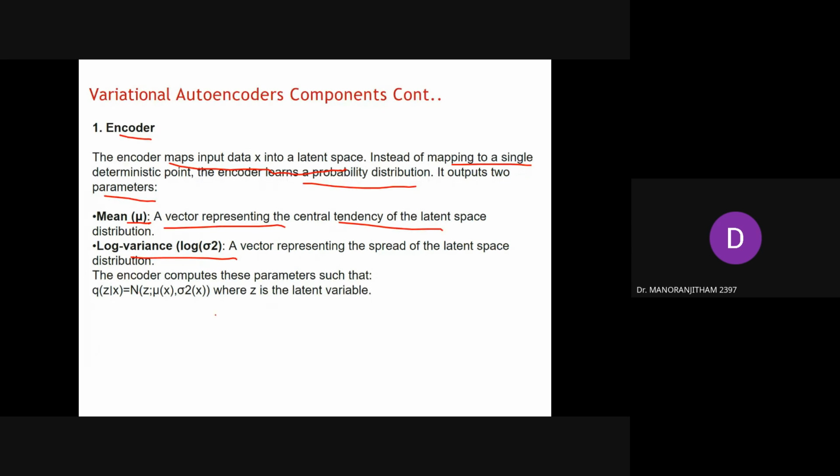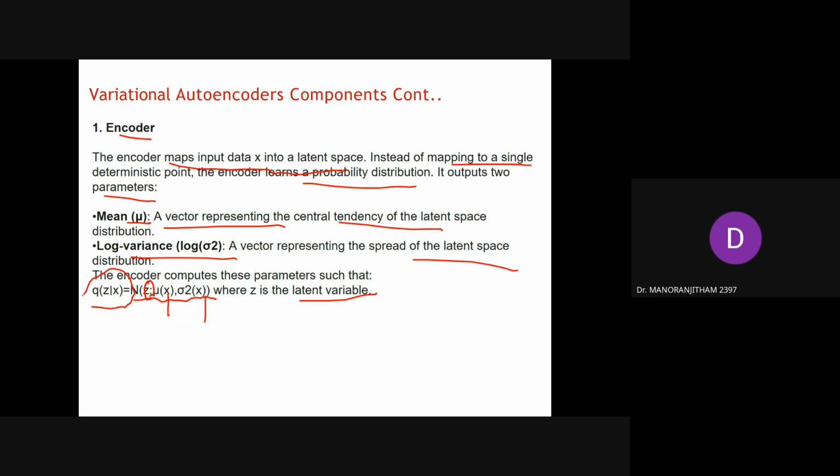And what do we mean by variance? It is also a vector, representing the spread of the latent space distribution. The encoder computes these parameters. The final encoded output is a normal distribution: Z is the latent variable, mu of x is one output, and log variance is the other output.